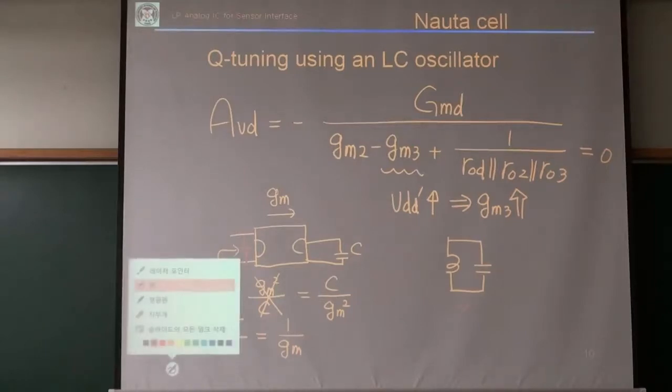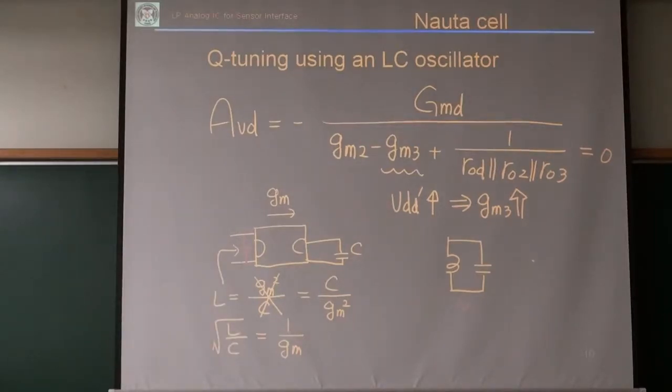Gyrator is nothing but I have a GM thing here, and then see this is plus minus plus minus something like that, right? Say I have a capacitor here, and then I have another GM here. Yeah, it should be connected. Let's draw a single-ended version.